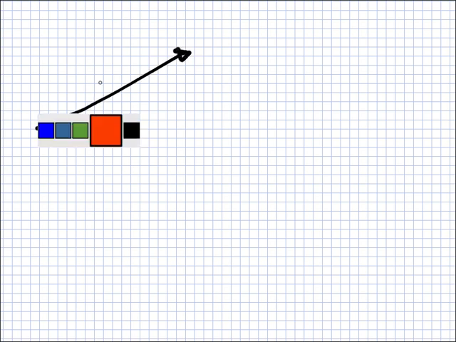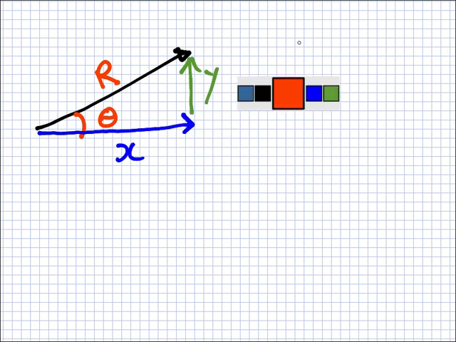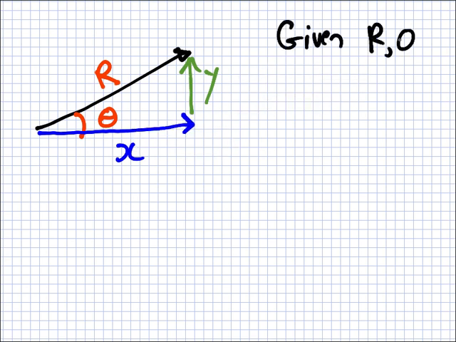This is normally the situation we have: a vector, and we know this length and we know this angle, and we would like to know this length and this length. So often we are given r and theta, and we want x and y.